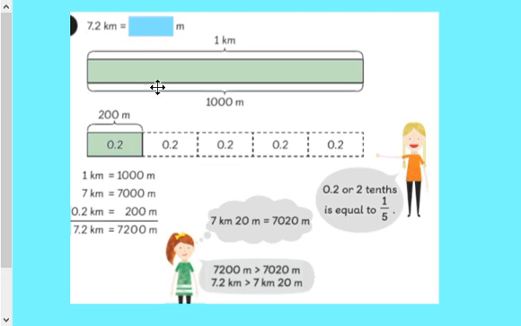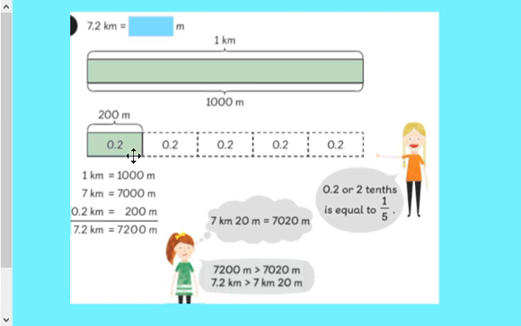Okay. Well, you can see that lined up on the bar there, that 0.2 of a kilometer is 200 meters. And we know that because there are 5 of them in a kilometer. So if we count up, we've got 200, 400, 600, 800, and 1,000.